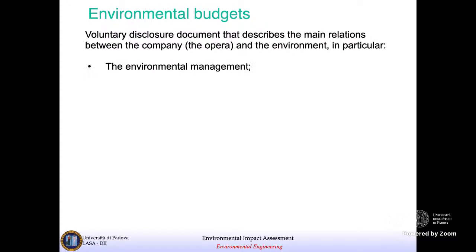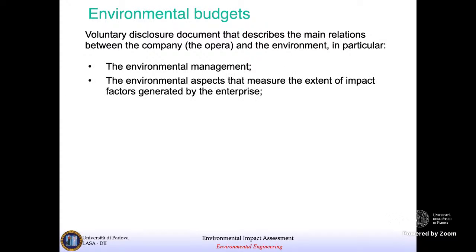In particular, these budgets are framed into different frameworks, like environmental management, environmental aspects that measure the extent of impact factors generated by the enterprise, and the environmental performance of an enterprise.